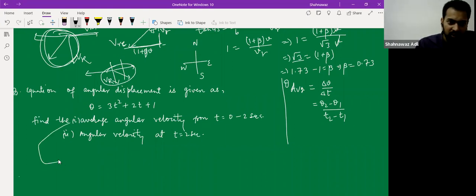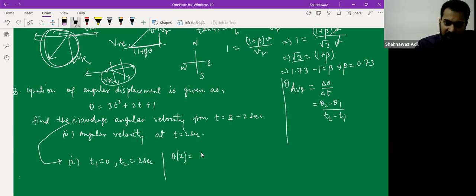Okay, so let's do the first question. We have to find t1, which is 0 second, and t2 is 2 seconds. So let's find theta 2.